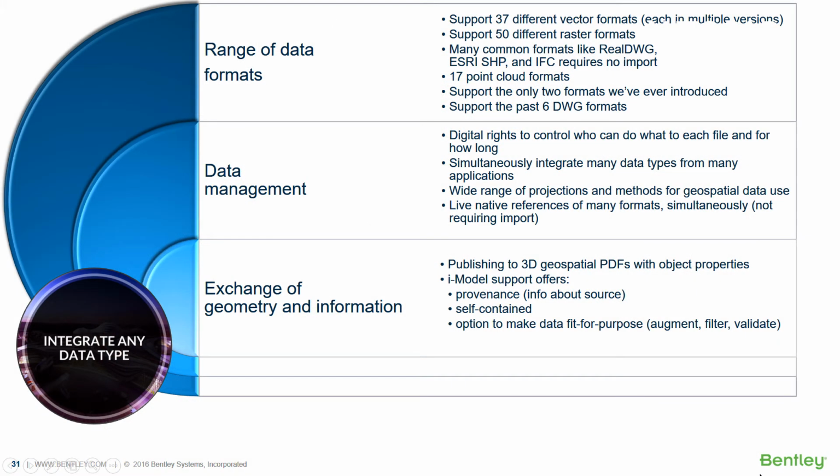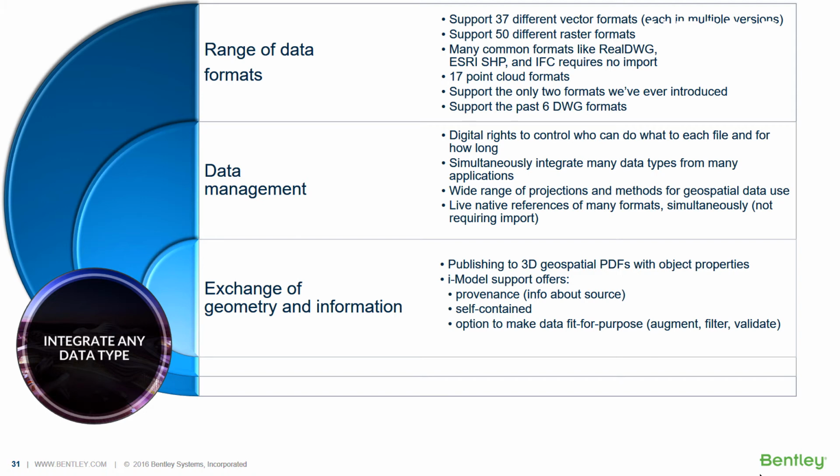We support a wide range of data formats. Our ability to integrate any data type means support for 37 different vector formats and 50 different raster formats. When you include versions, that number skyrockets, because we support multiple versions of vector and multiple versions of raster. We support virtually all of the common formats using the real libraries for those formats, so that requires no import.